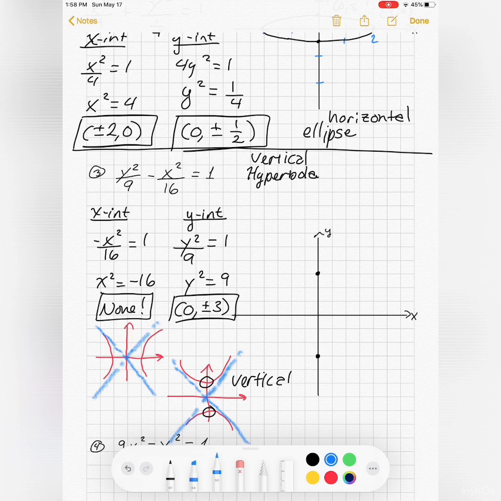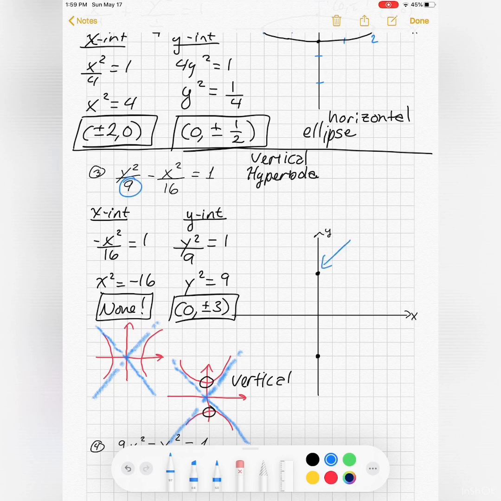So we're not going to go into much detail on why any of this is true, but we're going to just say, okay, look at this. So you see how here I used the 9 already to get the plus minus 3's? I haven't used the 16. So the 16 does not give me any intercepts. However, I still use the 16 and it's going to allow me to find the asymptotes. So here's what I do. I look at the denominators.